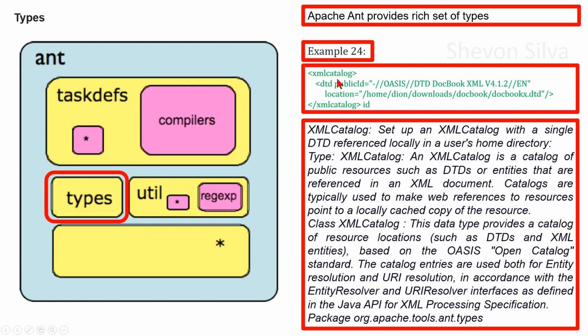An XML catalog is a catalog of public resources such as DTDs or entities that are referenced in an XML document. Catalogs are typically used to make web references to resources point to a locally cached copy of the resource.